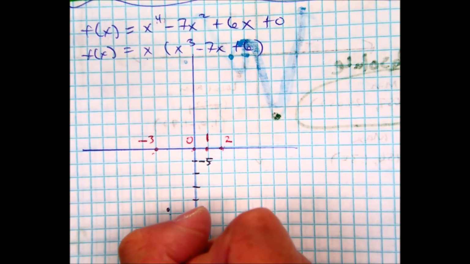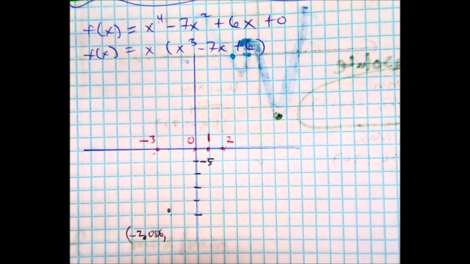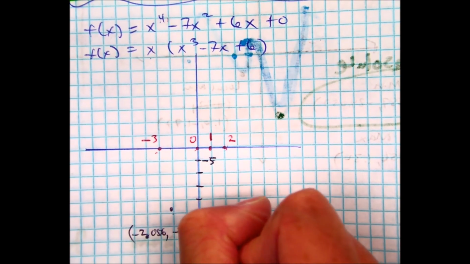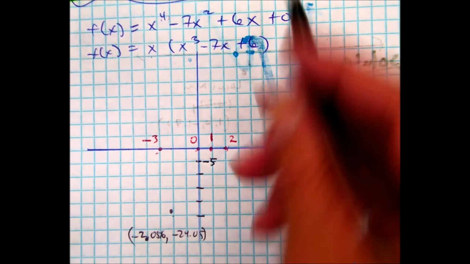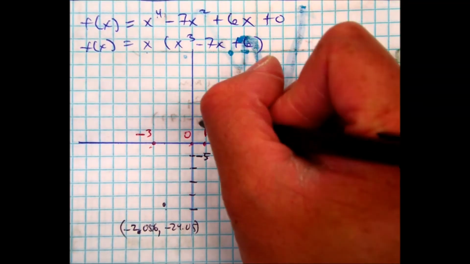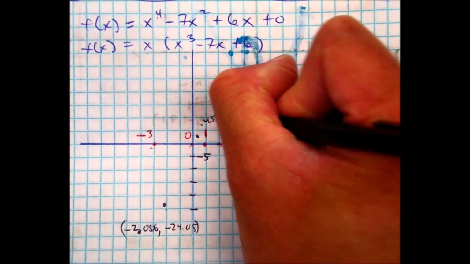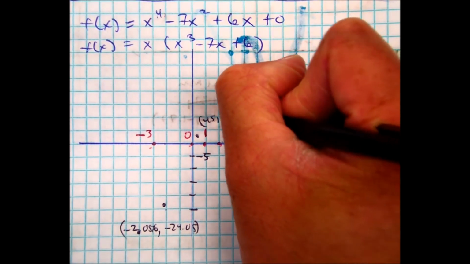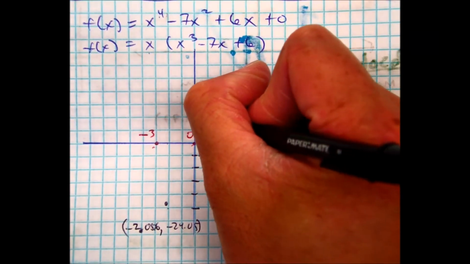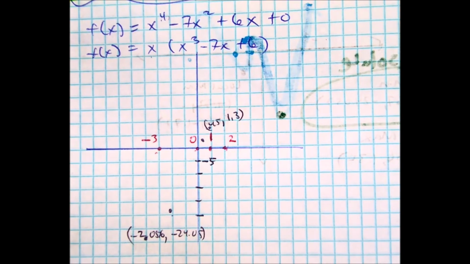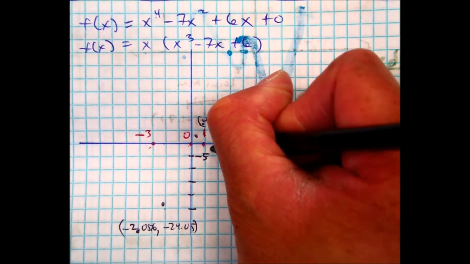So there is -2.056, comma, -24.05. And then I have one up here at 0.45. So 0.45, comma, 1.3. And then I have one at 1.6 and -1.7.